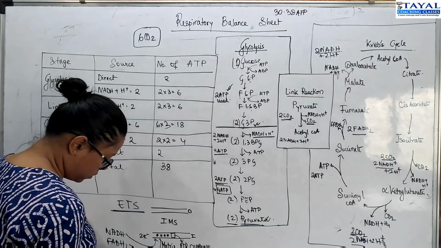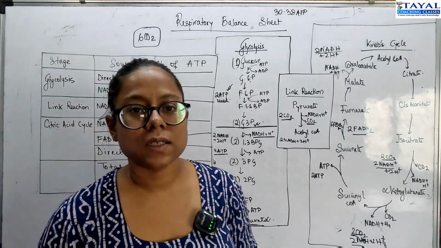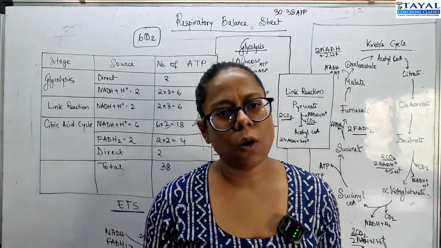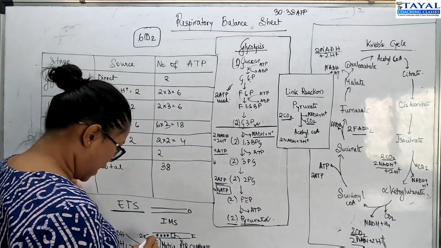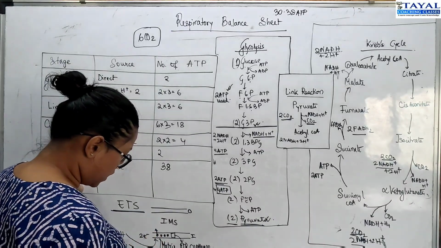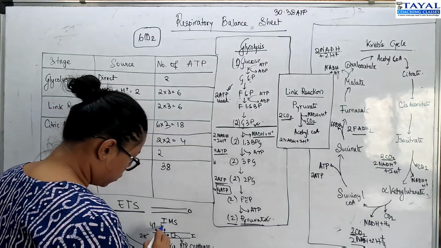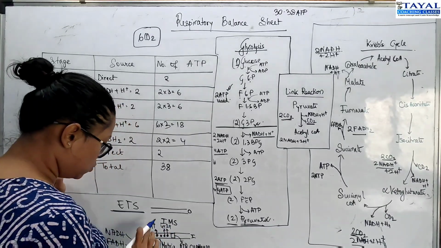FADH2 donates 2 electrons to the second protein complex. What these protein complexes do, because you do not have the detail of electron transport chain, I'll not go into the detail of it, but what actually happens is that the first one gives 4 protons, the third one gives 4 protons, and the last one gives a total of 2 protons, releases 2 protons, right?